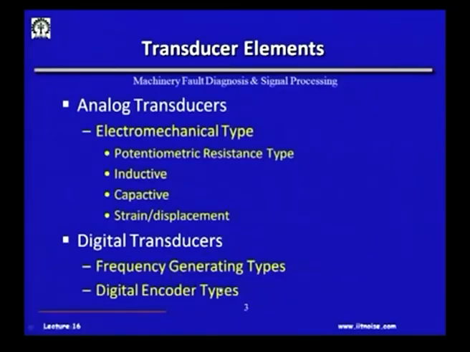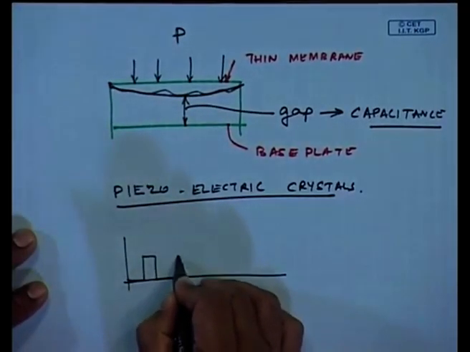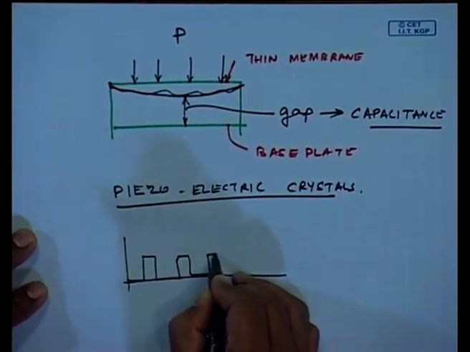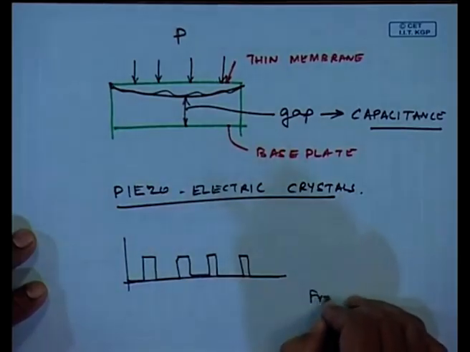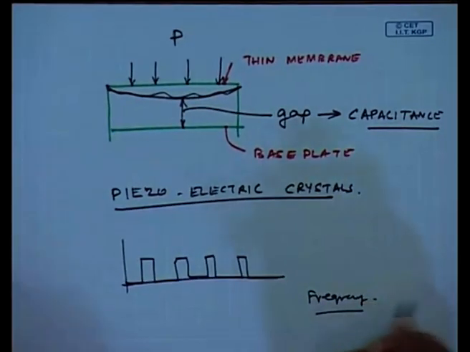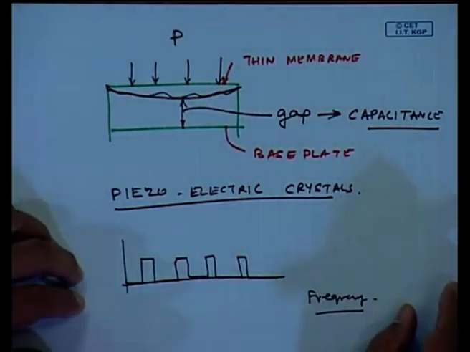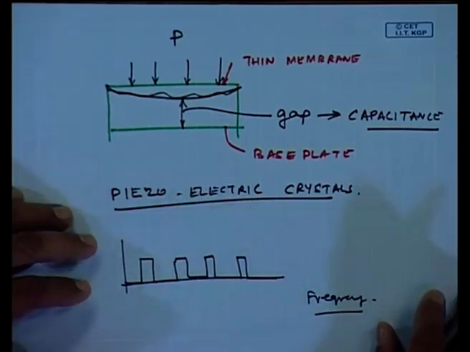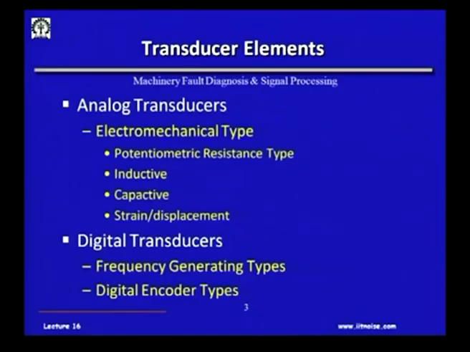They will be the frequency generating type or the digital encoder types, wherein we will get a pulse train, and by measuring the pulse width we will get the frequency estimation. Okay, and these are used particularly in CNC machines, lathes, etc., to find out the speed fluctuation, etc. Now, based on these sensing elements, certain transducers are built, manufactured, and then we use them in CBM.